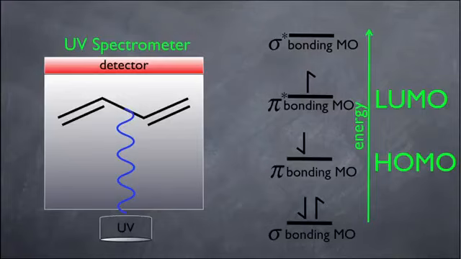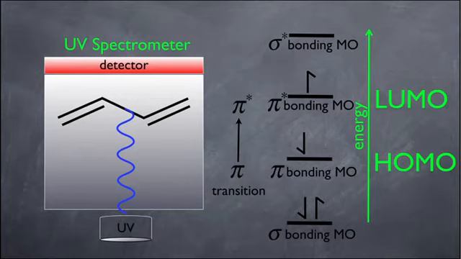And that's why that conjugated system absorbs UV light. It's simply because the difference in energy between HOMO and LUMO is equal to UV light energy. So that's why conjugated systems absorb UV light. Here's some vocab. We call that a pi to pi star, or pi to anti-pi, transition.